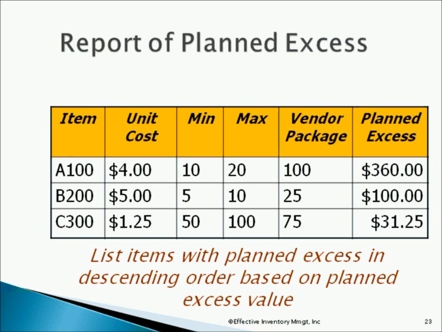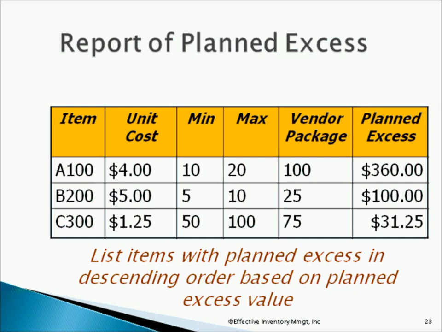If this is an issue that you face continually, where you want to buy a smaller quantity, but the vendor's only willing to sell you a certain amount of each item, we suggest you calculate the difference and produce a report in descending order by the value of planned excess, by the value of what you have to buy above what the vendor is willing to sell you.